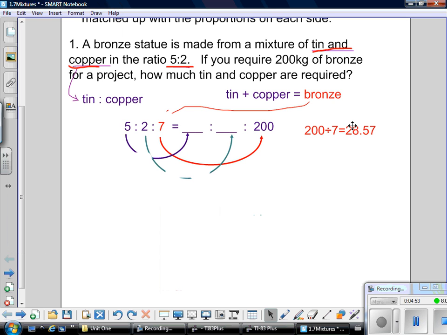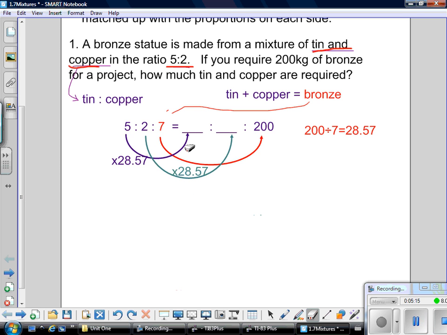So I know that 7 times 28.57 gives 200. The same thing is going to be true if I want to figure out the amount of tin: I multiply by the same relationship, and the same is true to find the copper.